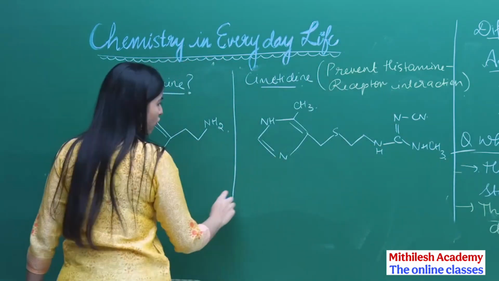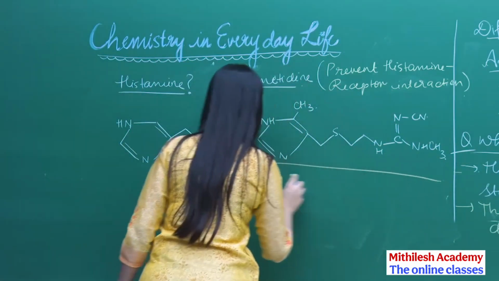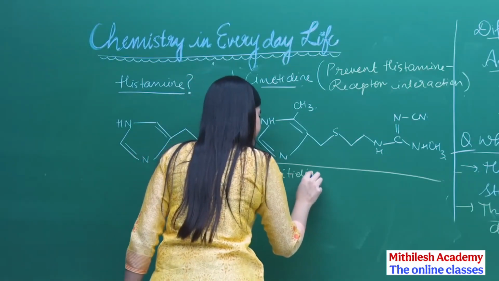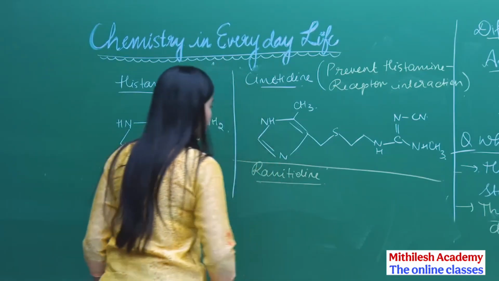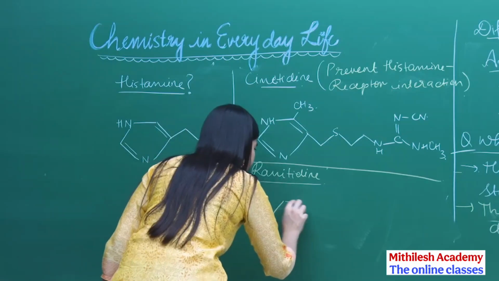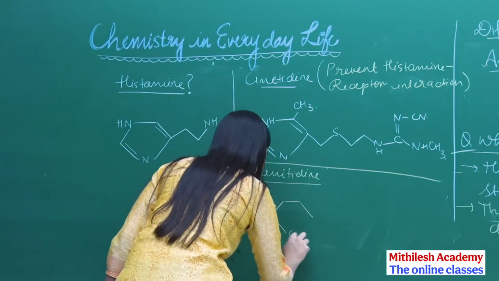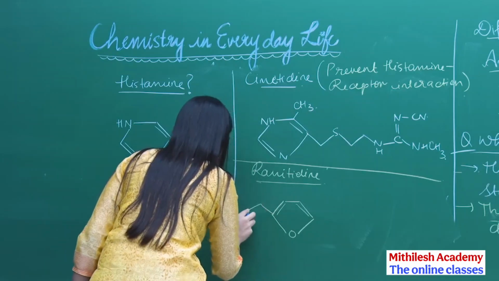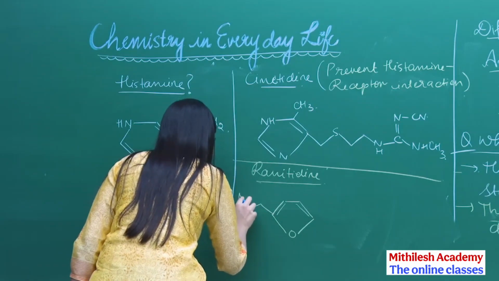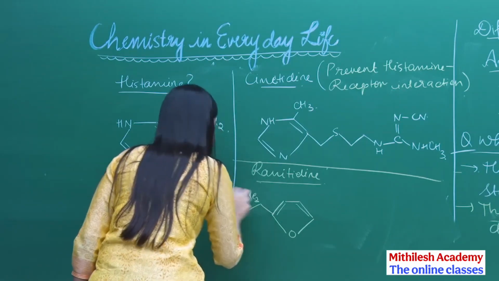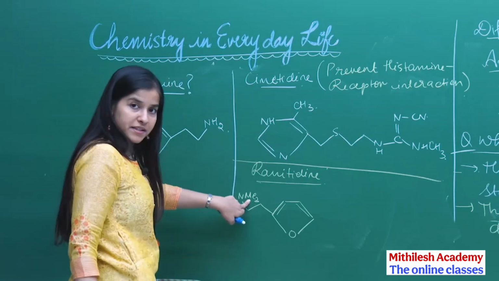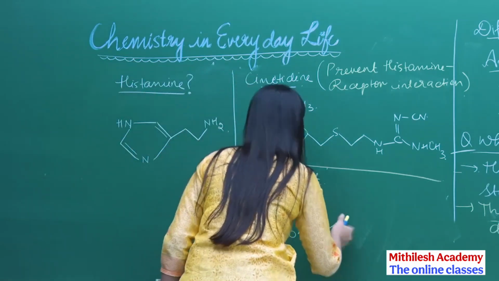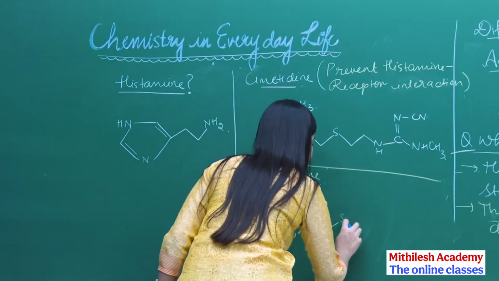I have ranitidine. In ranitidine I have a structure something like this. Here Me means methyl. So I have two methyls over here, and what else? A similar kind of structure.